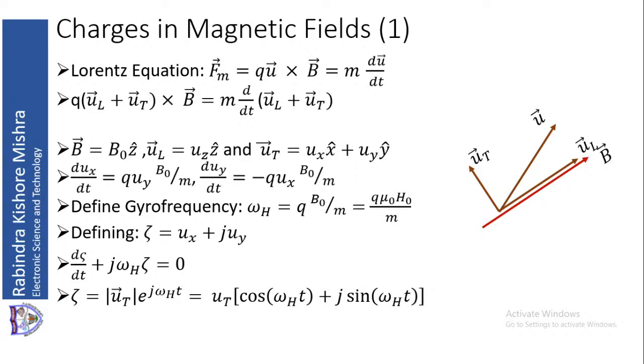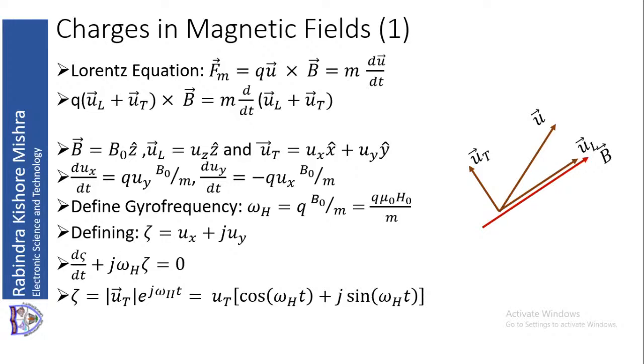Why I have taken ut absolute value, that also you can easily see. The solution will be of the form some constant into e to the power minus j omega h t.